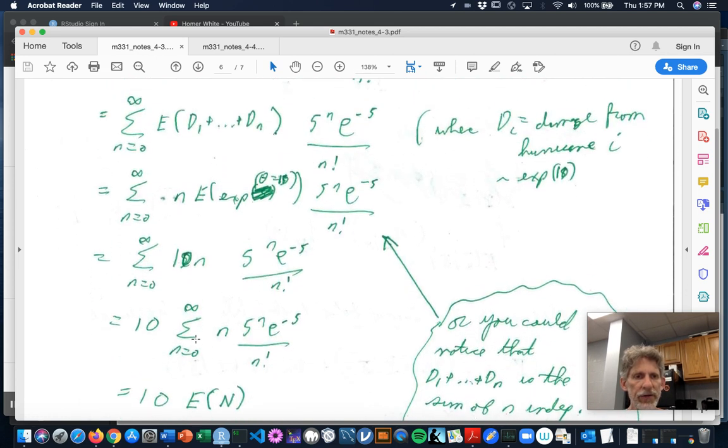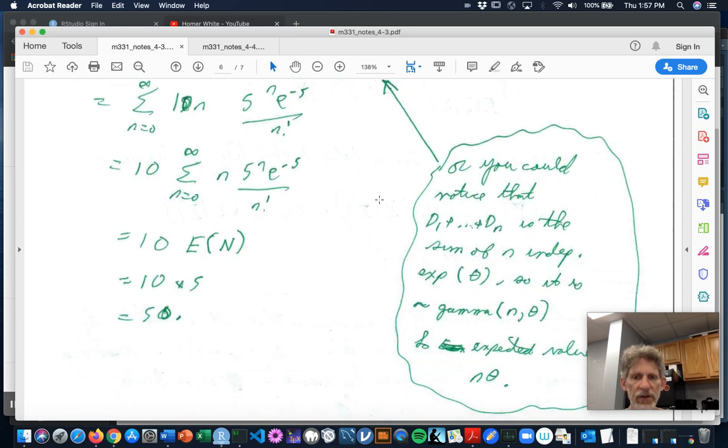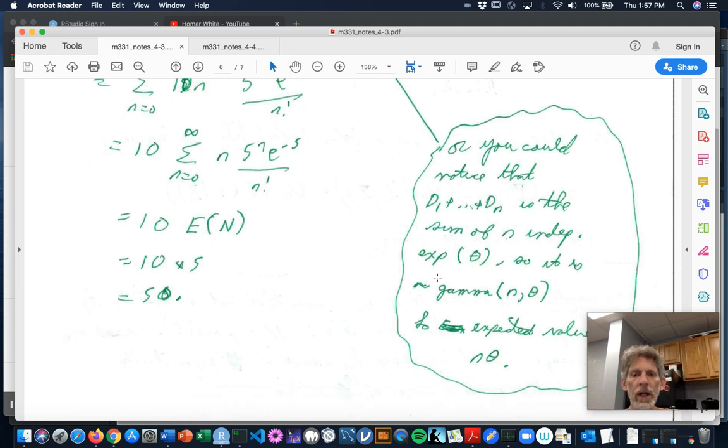Another way of thinking about what this ought to come to: D1 plus through Dn is the sum of n independent exponential-theta random variables. We already know that has to be a gamma with parameters n and theta, because you can think of each of these exponentials as the time to wait for the next event in a Poisson process whose rate is lambda equals 1 over theta.